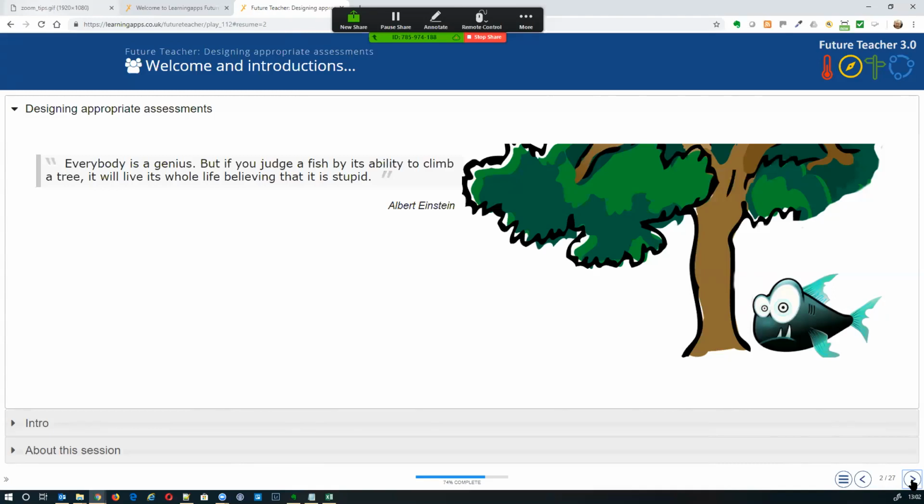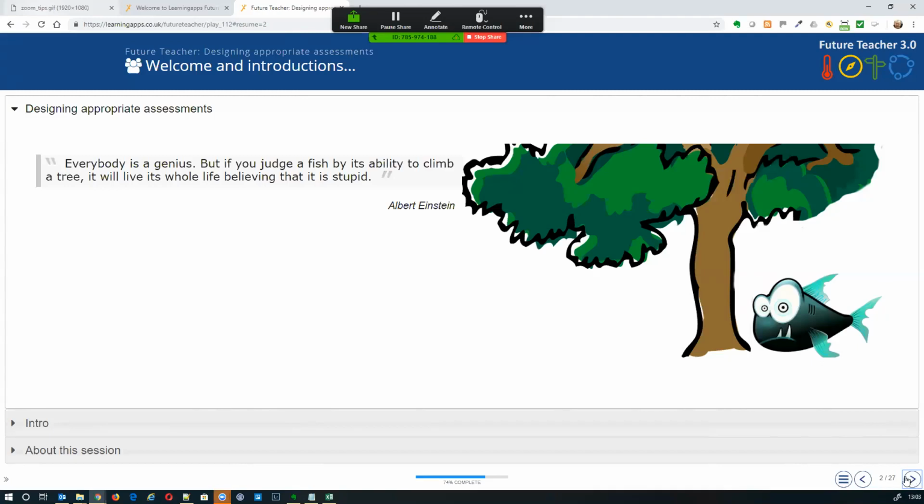The key thing is, if you judge a fish by its ability to climb a tree, it will live its whole life believing that it is stupid. And I think there are a lot of our students, and indeed there's probably quite a lot of us, that think we are stupid because of something that we tried at some point, and we were assessed in some way that actually knocked our confidence rather than building our skills.